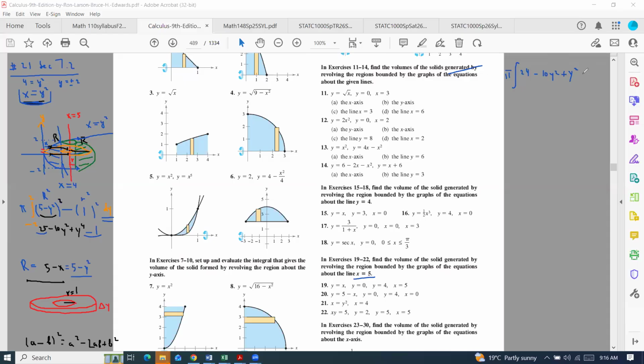I say, what if it was dx? Well, if it was integration with respect to the variable x, then your function would change because you needed to pull out y. This would be dx, a function of x, and then you would need to change your limits of integration. In fact, that's what we're going to do next time.